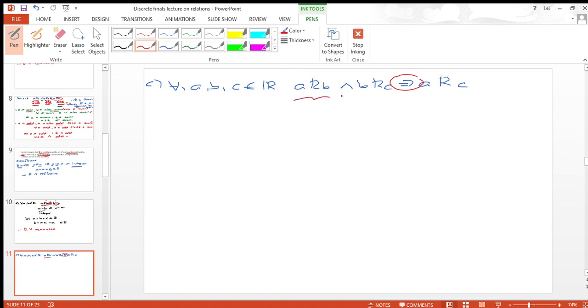Since this is an AND, A minus B must be an integer, and B minus C must also be an integer. What do we have to show? A R C must also be an integer. So A minus B is an integer, B minus C is an integer. The question now is, is A minus C an integer also?